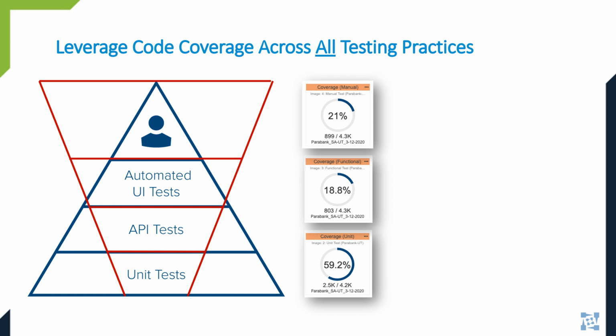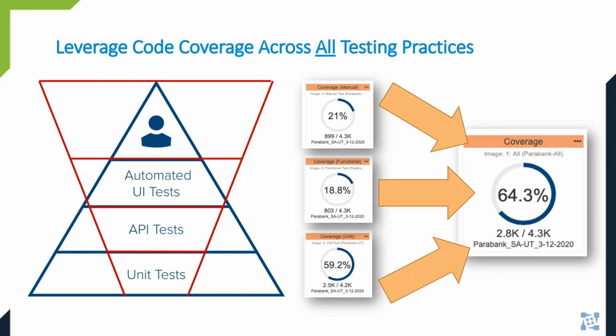Our UI tests, our functional tests, take longer to execute, and there's a cost associated with executing, maintaining and developing those tests. So having that complete view of your code coverage for your application can help you optimize your existing quality test practice.